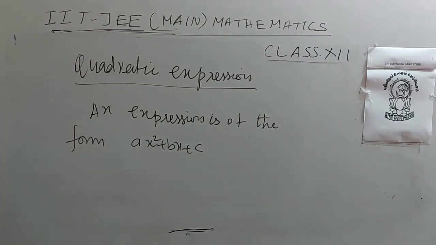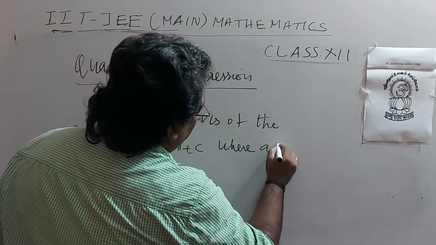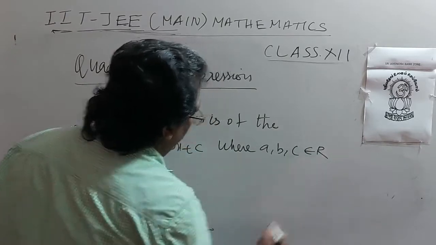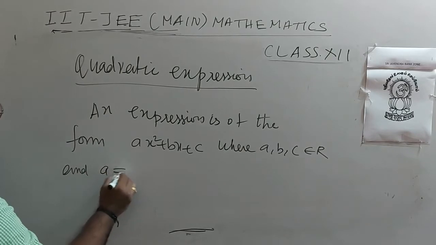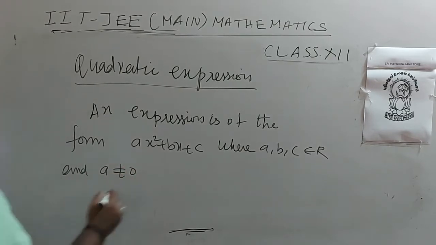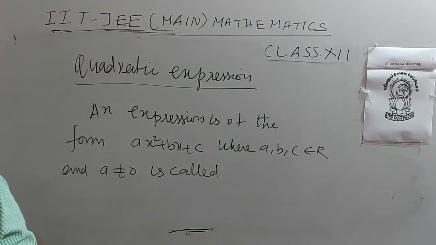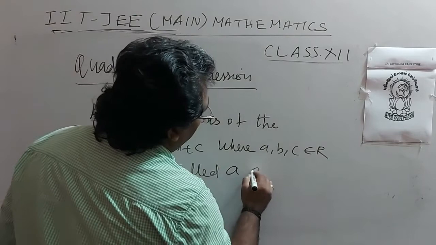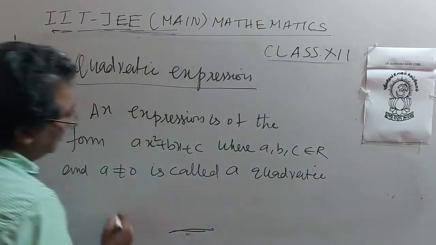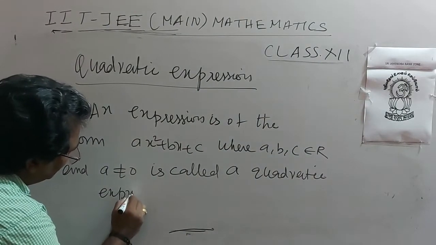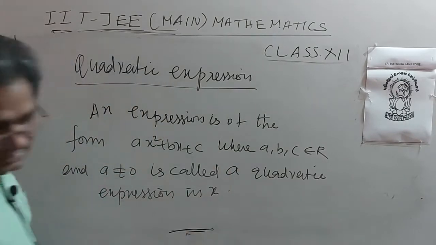An expression of the form ax squared plus bx plus c, where a, b, c belong to R and a not equal to 0, is called a quadratic expression in x.